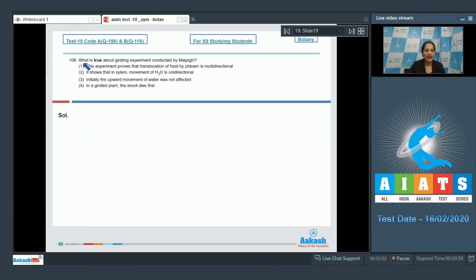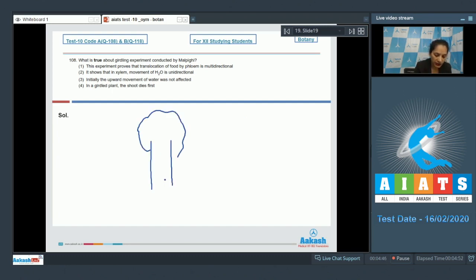Question number 108. What is true about girdling experiment conducted by Malpighi? Girdling experiment demonstrates that the food translocating tissue is the phloem, and phloem translocates food unidirectionally, that is from leaves to the roots. What was done in the girdling experiment?